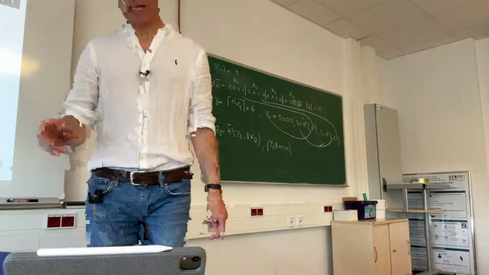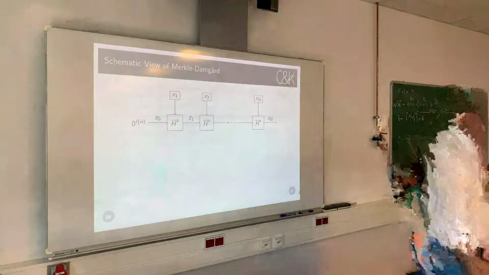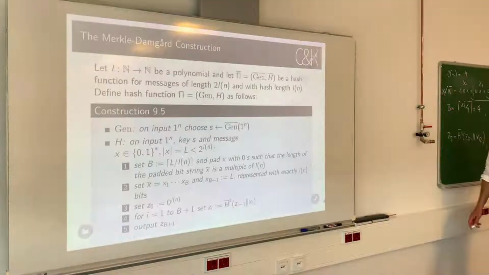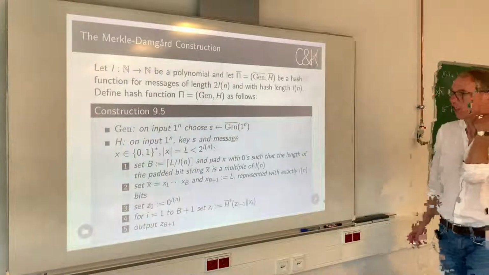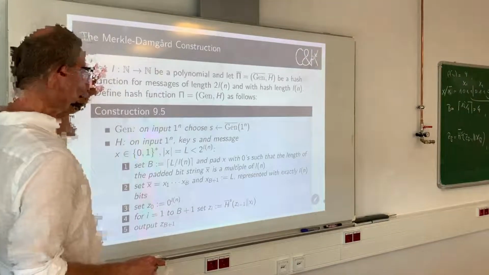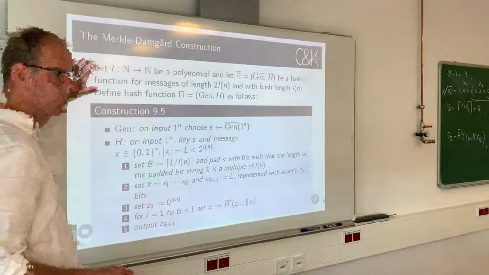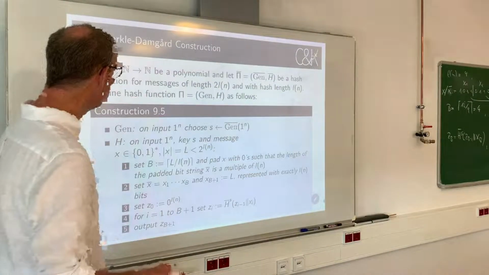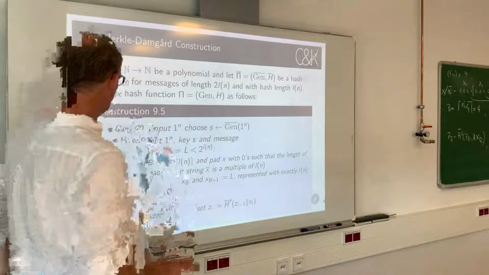And that's actually what we do in the real Merkle-Damgård. Here's again the construction that I wrote down there. Here is how we get around this problem of having a variable hash length. The setup is as before, and as before I can modify this in all kinds of ways, it doesn't matter. Now we have this construction 9.5.